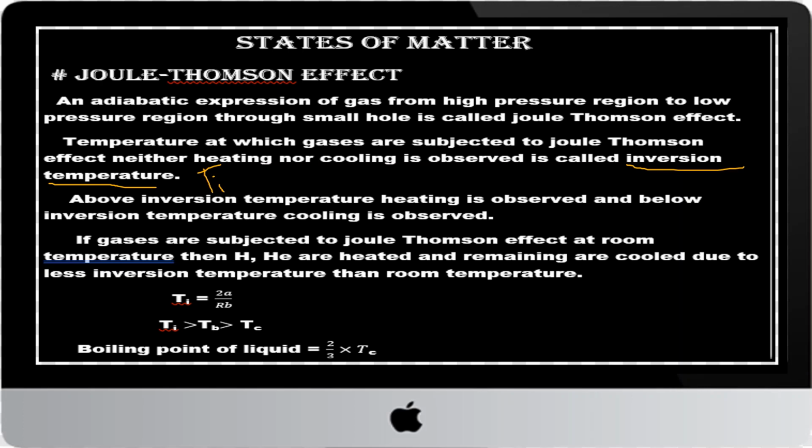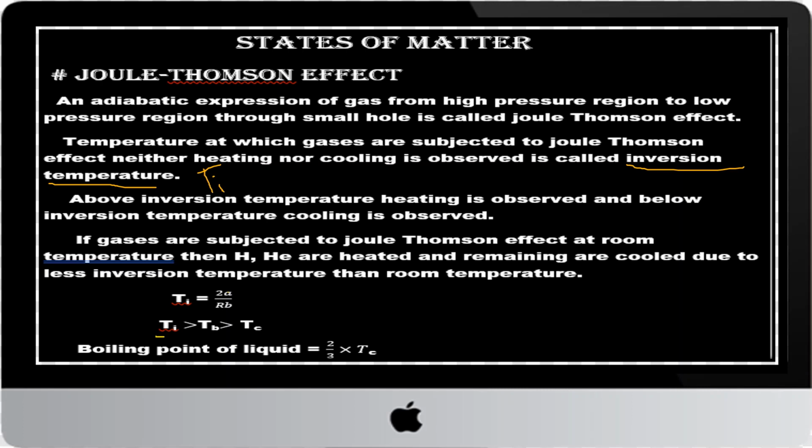And there is a relation. Till now we have seen different temperatures: inversion temperature, boiling temperature, critical temperature. The relation between these three is: inversion temperature is greater than boiling temperature, which is greater than critical temperature. This relation is given based on experimental values, and it is important.